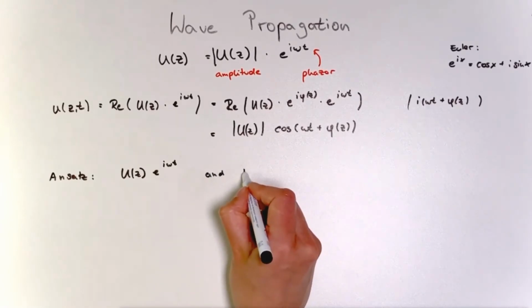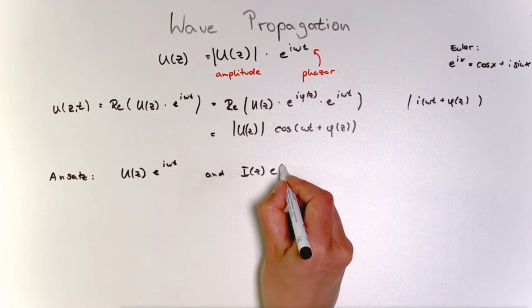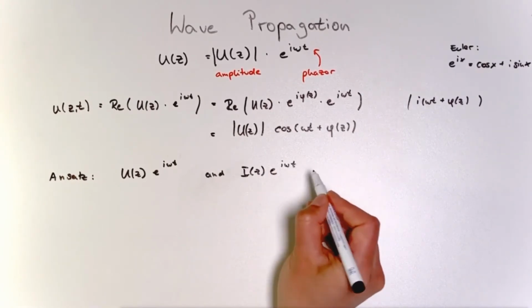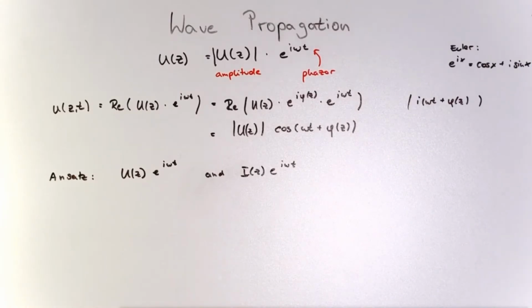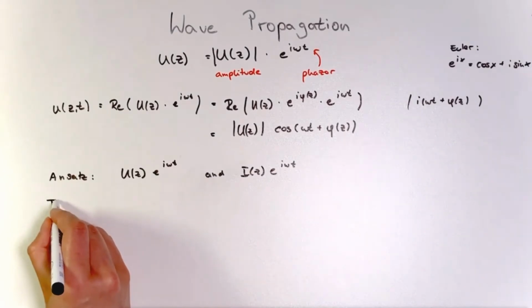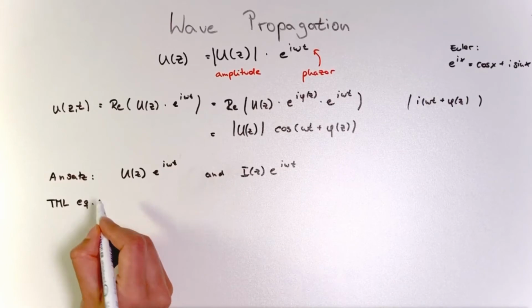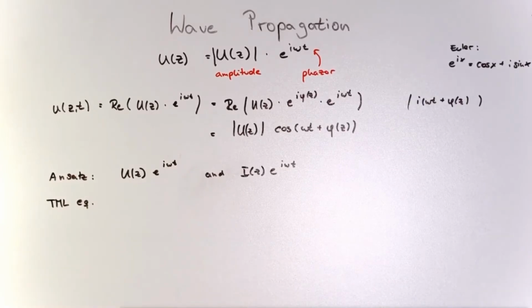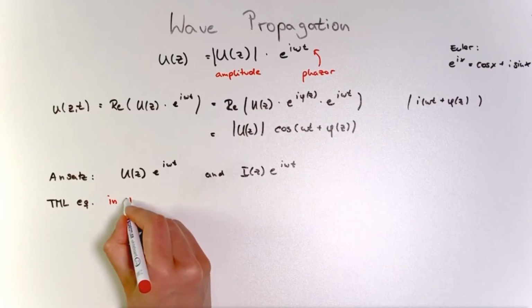And second, we take the current. And again, just with the exponential wave function. And now what we need to do is we take the Telegrapher's equations we had before, so our transmission line equations, I would just abbreviate them here. We transfer them now to the frequency domain.